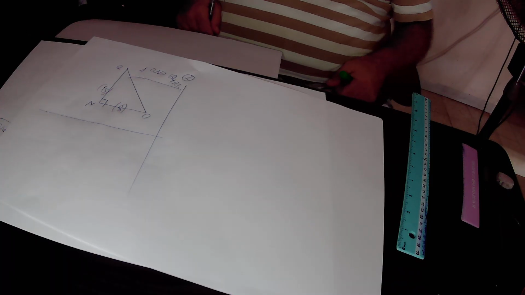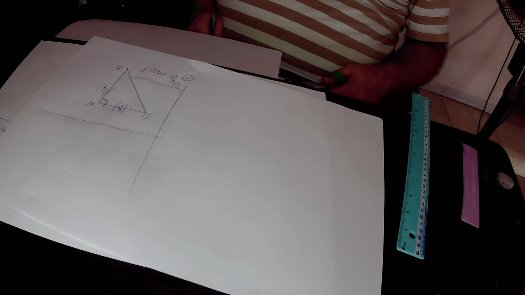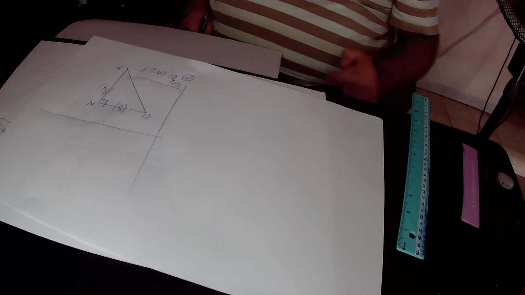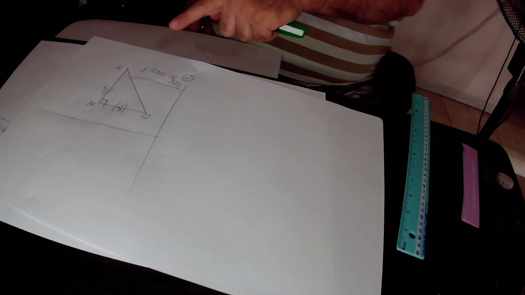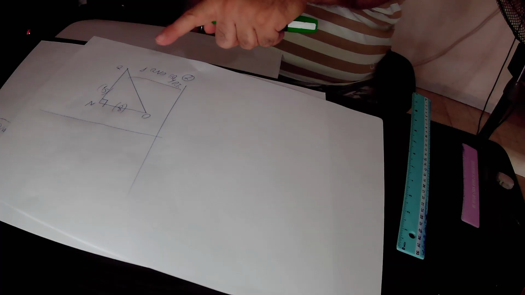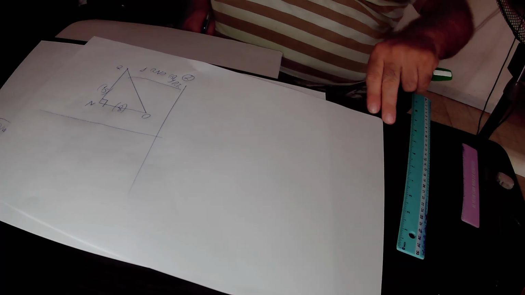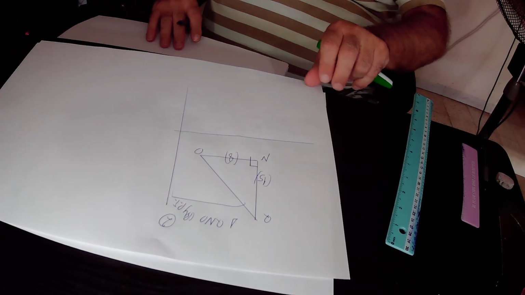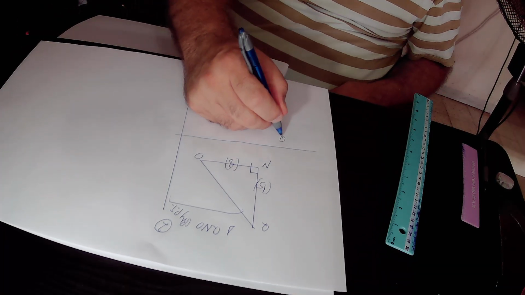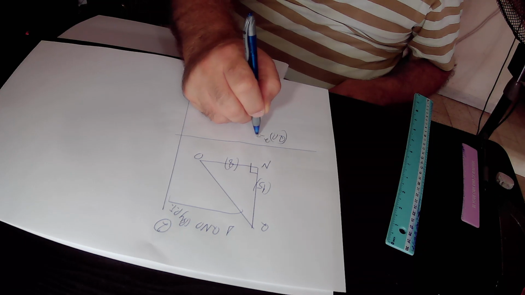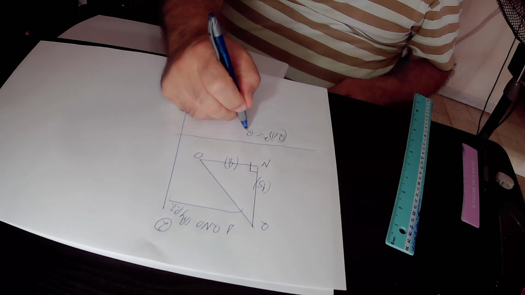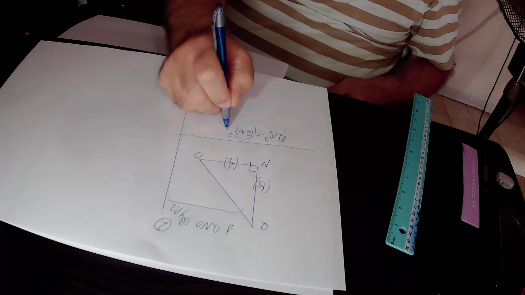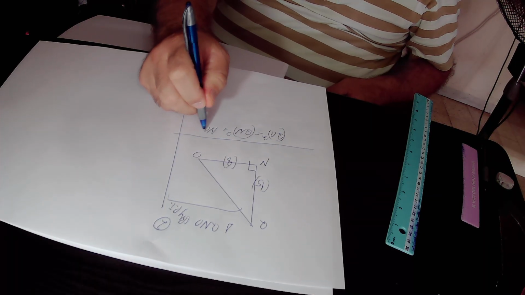In this right triangle QNO, according to the Pythagoras theorem, QO squared, that is the square of the hypotenuse, equals QN squared plus ON squared. So I write it down. QO squared, that is the square of the hypotenuse, is equal to QN squared plus NO squared.